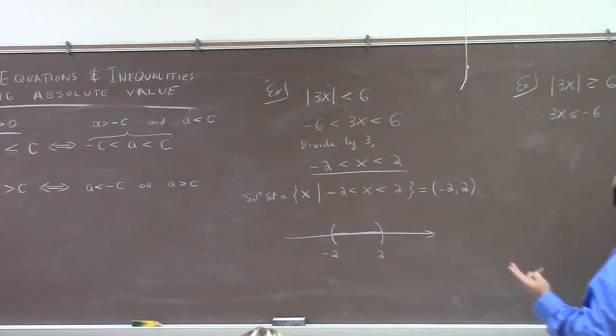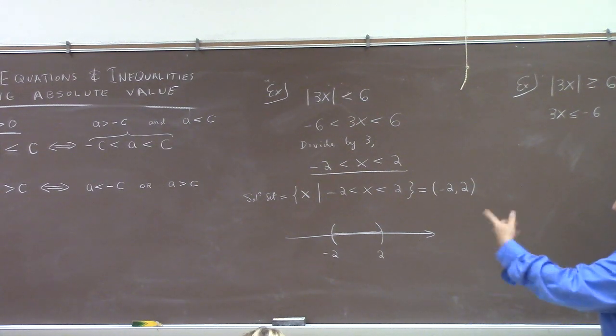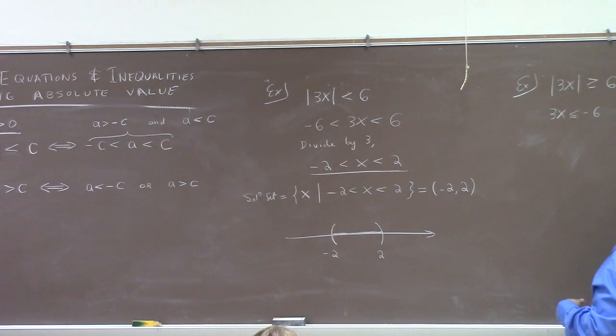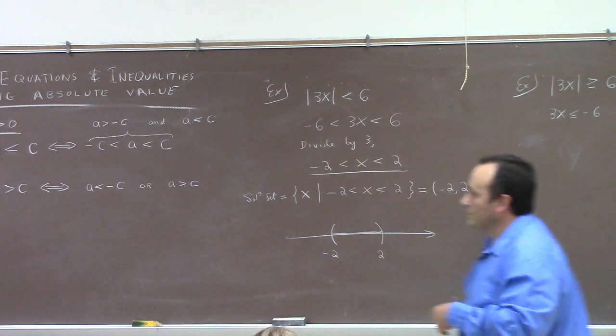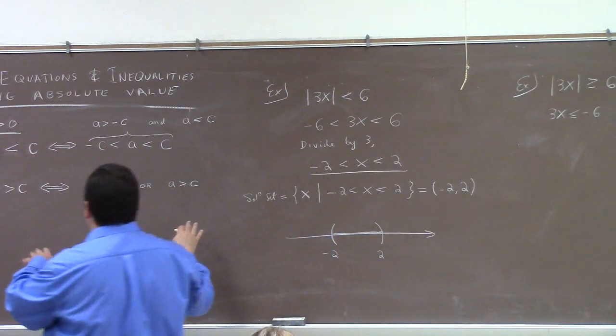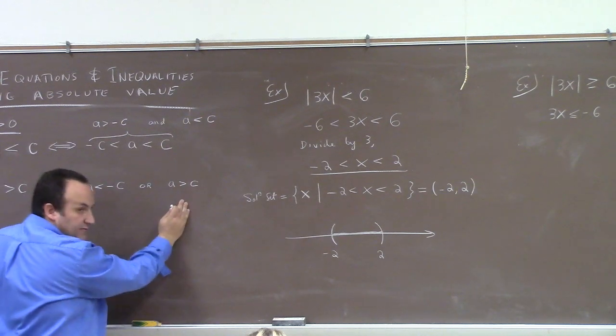So what I'm doing here, guys, is I'm thinking of my general comment. My A is 3x, right? My C is equal to 6. This is what I'm thinking. This is the general rule.